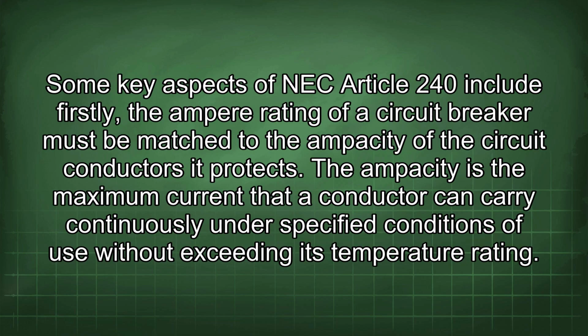Some key aspects of NEC Article 240 include: firstly, the ampere rating of a circuit breaker must be matched to the ampacity of the circuit conductors it protects. The ampacity is the maximum current that a conductor can carry continuously under specified conditions of use without exceeding its temperature rating.